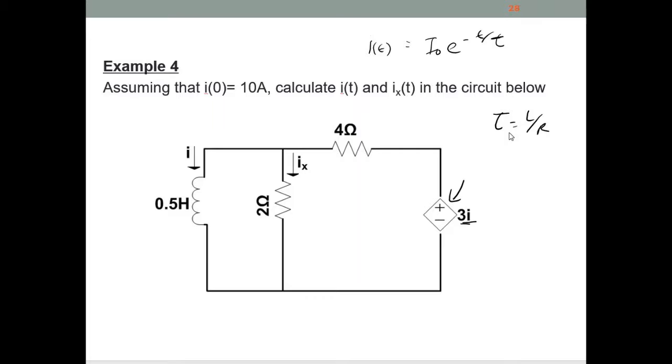Due to this dependent source, the initial value is already known, so we just need to find the R equivalent here, because L is already given. For the dependent source, we need to solve this one.